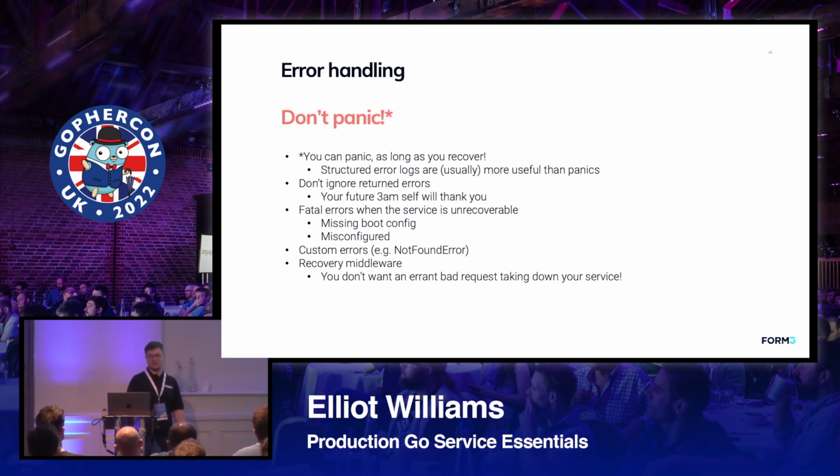Okay, cool. So for recovery middleware, like I said, if you're using a framework like Gin or Chi, then this will likely be handled for you, but you should look into it and learn how it works and make sure that that works with how the contract of your API is supposed to work.